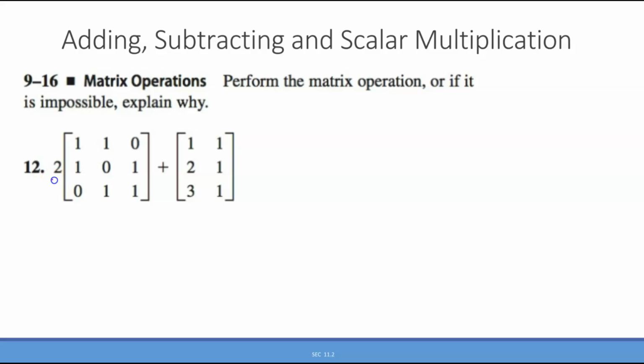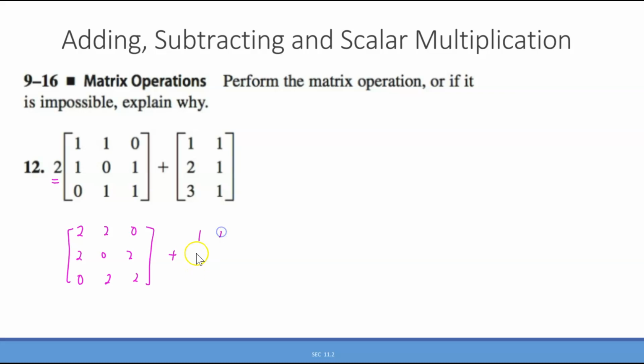When we look at our result, the result will be that same dimension, that same size. Now we have to take care of the scalar first. Remember, with scalar multiplication, everything inside of our matrix has to be multiplied by the scalar. So that would be 2, 2, 0 times 2 is 0, 2, 0, 2, 0, 2, 2. Every entry inside of that matrix is multiplied by 2.